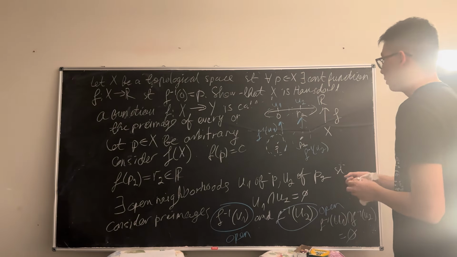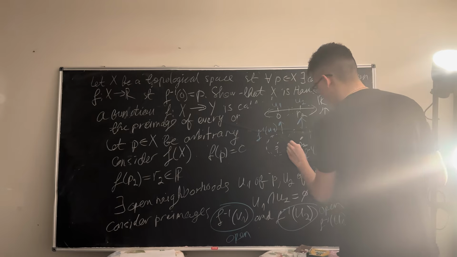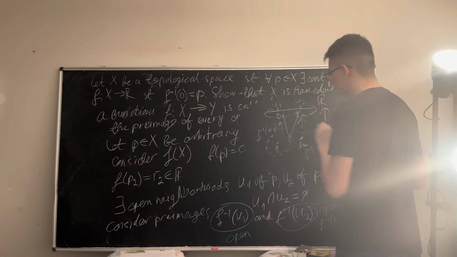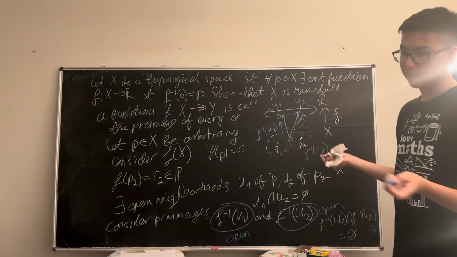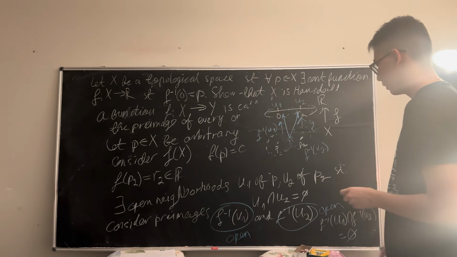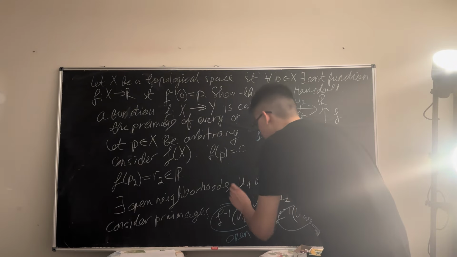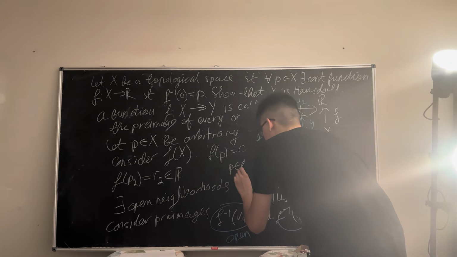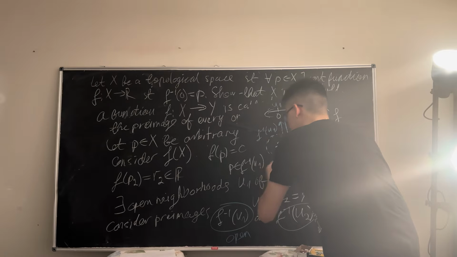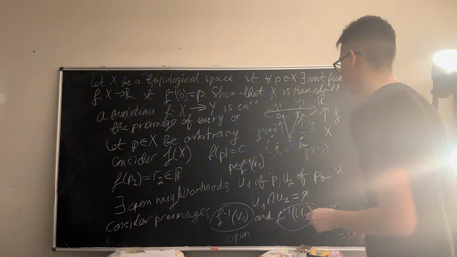And they have to be disjoint because if we were to suppose, by contradiction, that they were not disjoint, then everything in the intersection has to go both into U1 and into U2, which obviously contradicts f being a function. So they're disjoint. Now, one last thing is that obviously p belongs to f inverse of U1, because 0 is contained in U1.